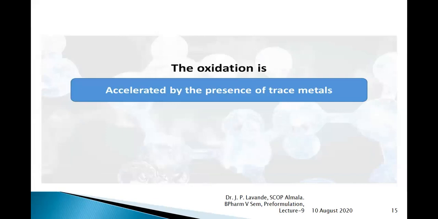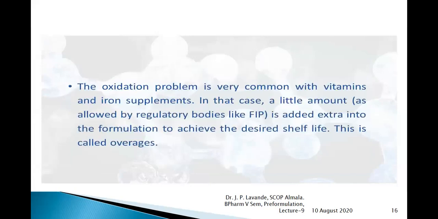The process of oxidation is accelerated by the presence of trace metals. The oxidation problem is very common with vitamins and iron supplements. In that case, a little extra amount, as allowed by regulatory bodies, is added into the formulation to achieve the desired shelf life.